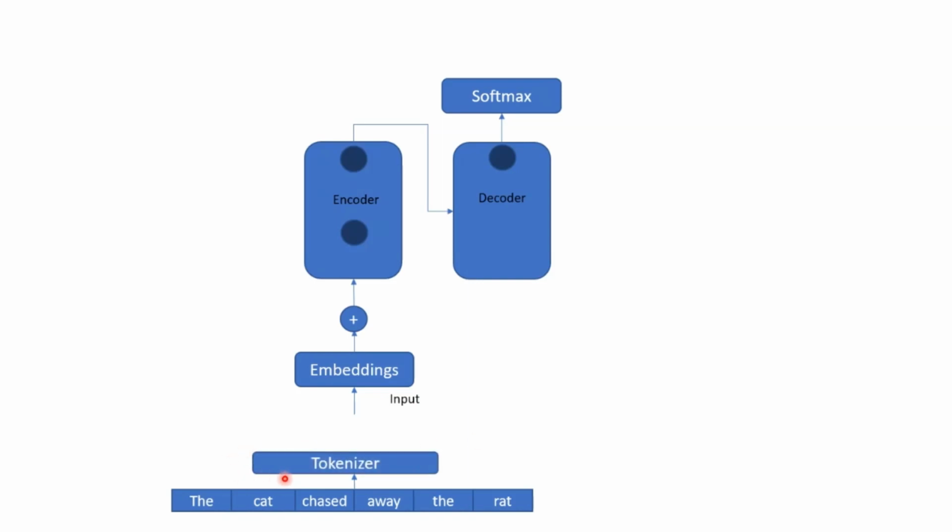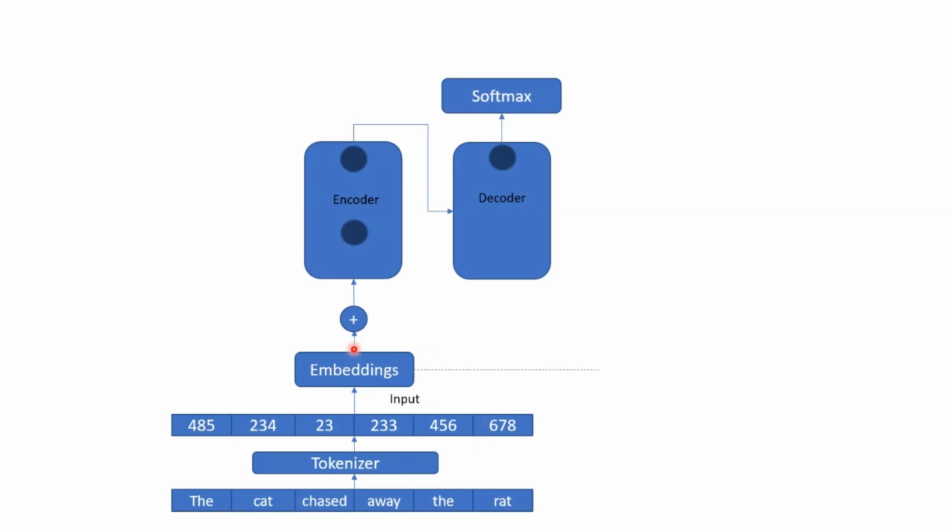Tokenize means the actual words are converted into numbers, because the transformer architecture, which is a neural net, cannot work with actual characters or letters or words. It needs to work with numbers. So the tokenizer converts each word into a number, and the number represents the position of each word in the dictionary of all the words of the corpus.